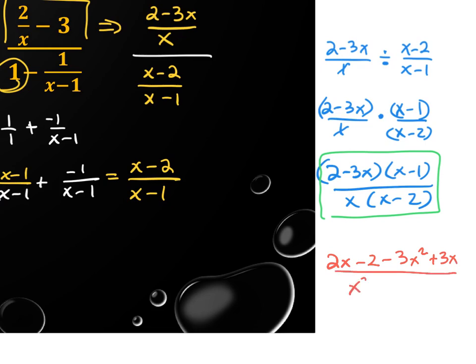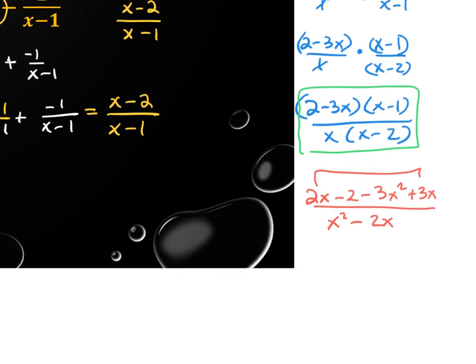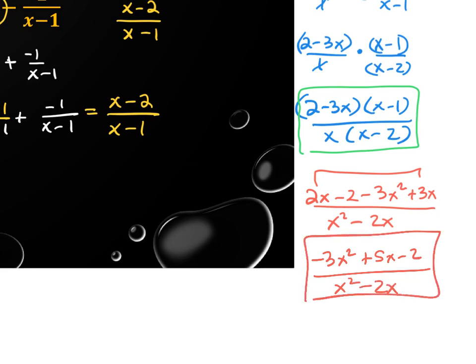And then if I distribute the bottom and combine my like terms, the way that you're going to see the answer written in tonight's homework, and actually I could put it in standard form, is -3x squared plus 5x minus 2 over x squared minus 2x. So this is how you're going to see the answer. They're taking this, foiling and distributing.